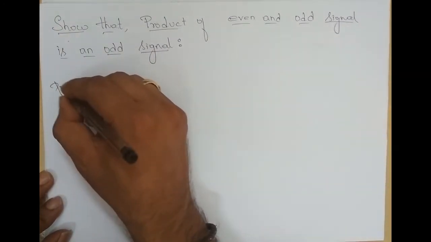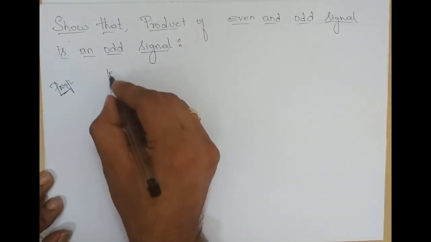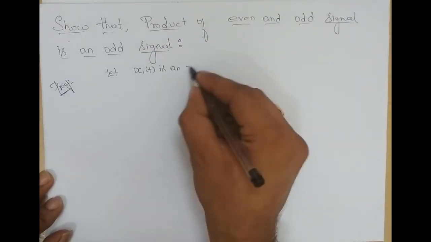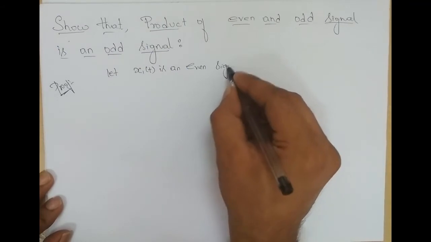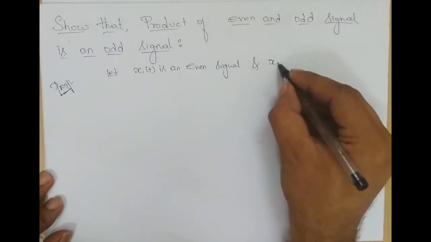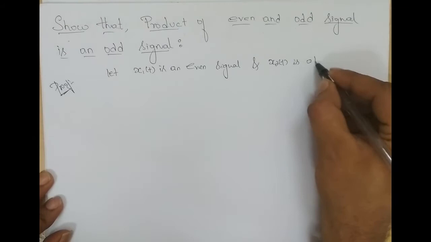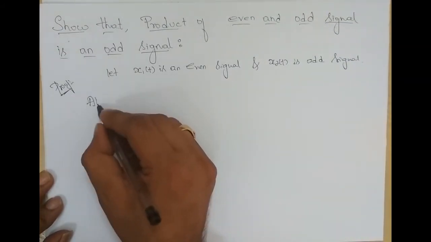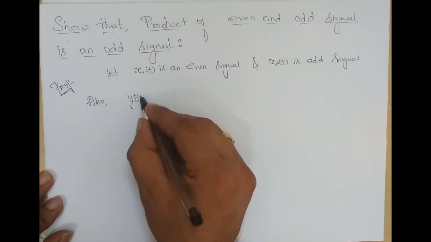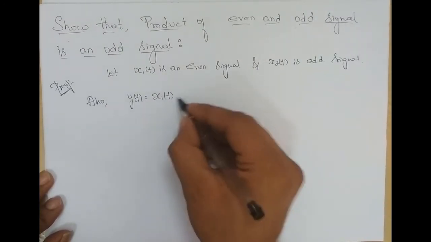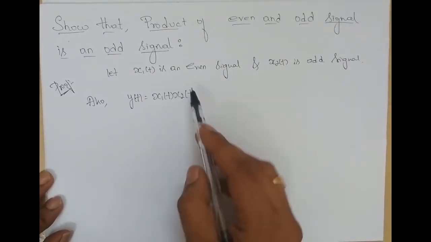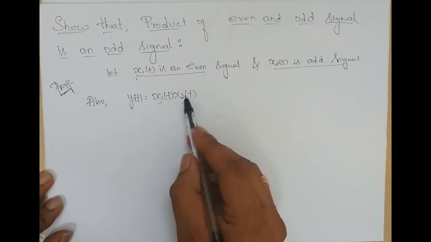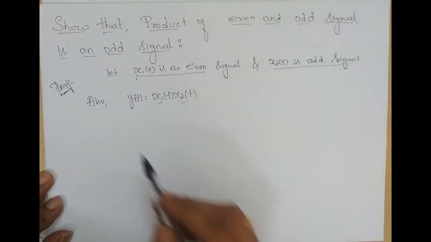Okay, so proof: let x1(t) be an even signal and x2(t) be an odd signal. Also y(t) is equal to x1(t) into x2(t). So I have an even signal x1(t), an odd signal x2(t), and the product of the even and odd signal I call on the left hand side y(t).